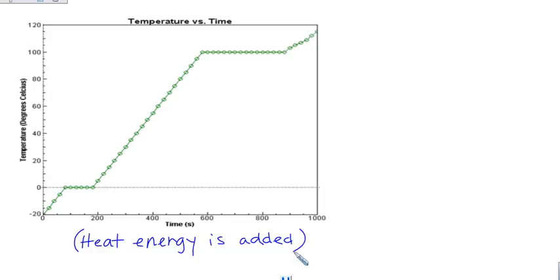Because if I still have this beaker of ice sitting on a hot plate, heat is constantly being added. So they expected the temperature to constantly increase. And instead, for a period of time, the temperature was stuck at 0. And so they were really confused by this.